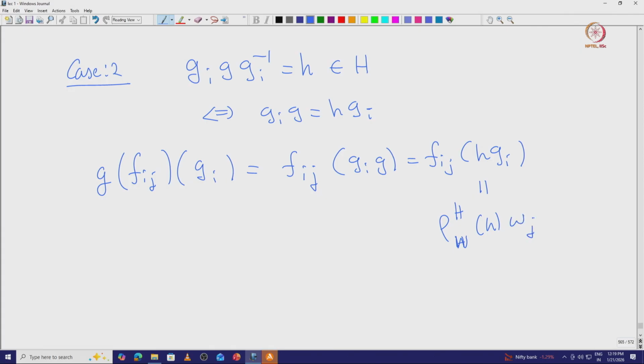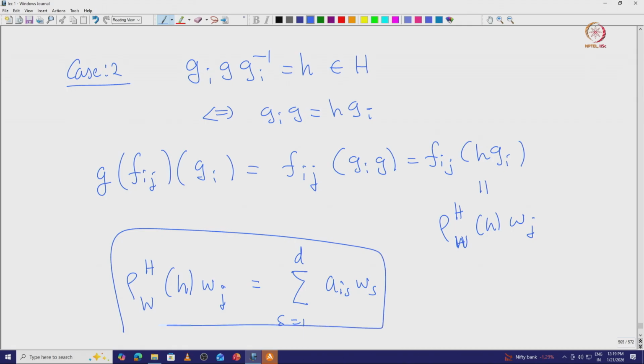So, this is what you get on the left hand side, but what will be on the right hand side? On the right hand side you have summation Ais Ws. So, that means rho W of h acting on this Wj is going to be equal to summation Ais Ws, s ranging from 1 to d.